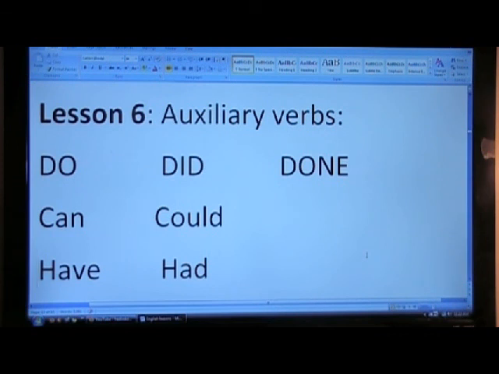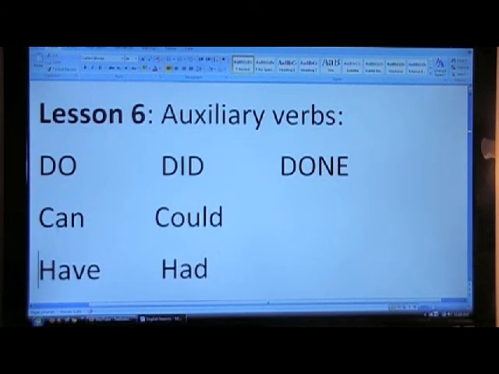We need to have an auxiliary verb. If we don't have an auxiliary verb, we need to find one. For example, if we don't have one, then we use the word do. So these are called auxiliary verbs. Do, did, the third part becomes done.